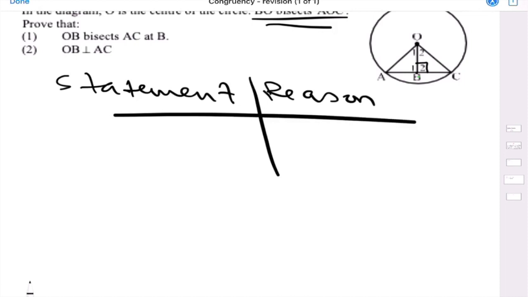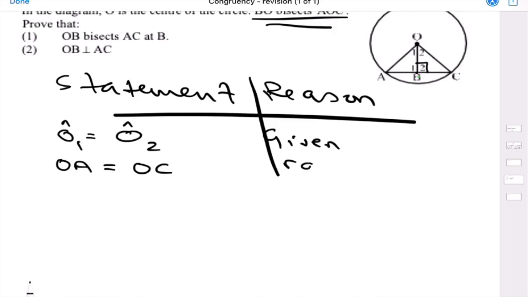Right, first of all, remember that angle O1 is equal to angle O2. We were given that. We are told that OB bisects AOC. So O1 is equal to O2, given. But OA, we said, is equal to OC. These are radii.